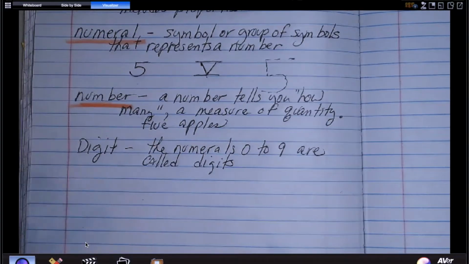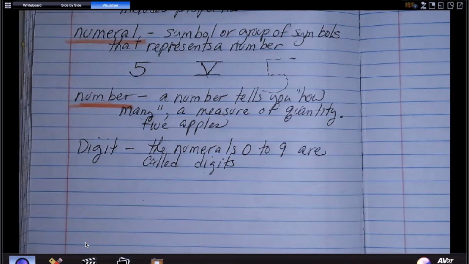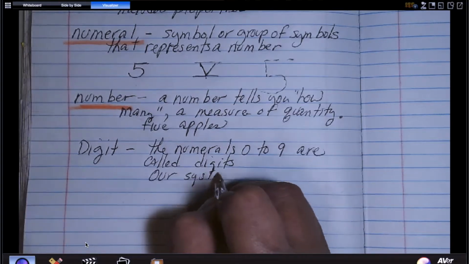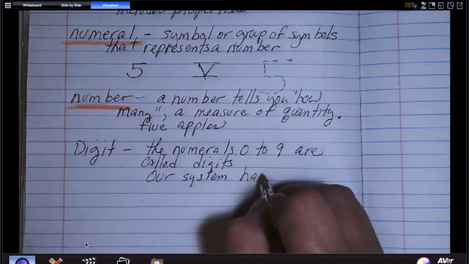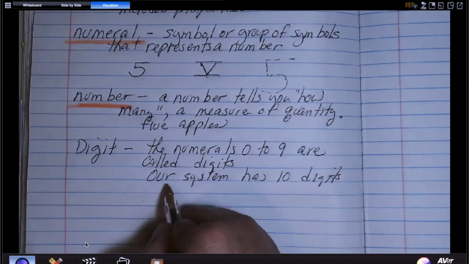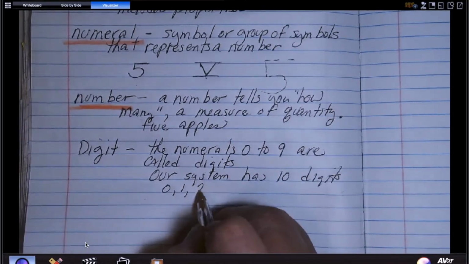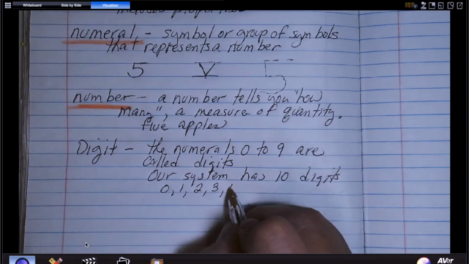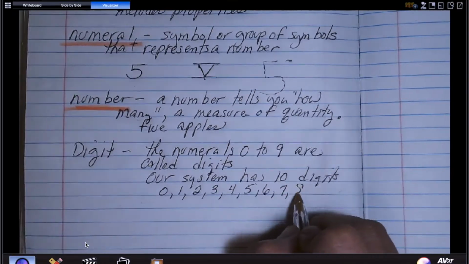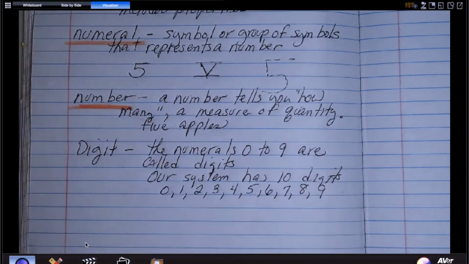Remember, when you put 2 digits together, you'll say a 2-digit number or a 3-digit number. Our system has 10 digits. Remember, we're counting 0, 1, 2, 3, 4, 5, 6, 7, 8, and 9.